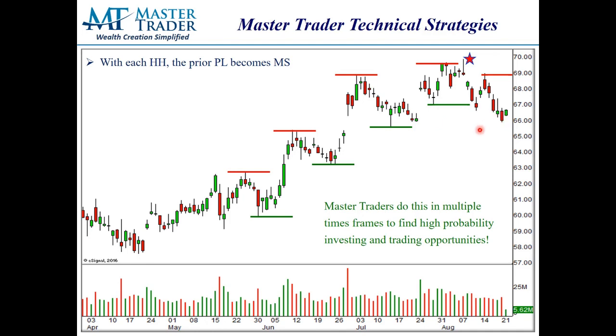Think about what would be the ideal scenario here, based on understanding the forces of supply and demand between those buyers and sellers. What is the most bearish thing it could do? Well, the most bearish thing it could do is just collapse, of course. But ideally, so we can get on board, it would go sideways in an area of support and show its inability to retrace back up again.